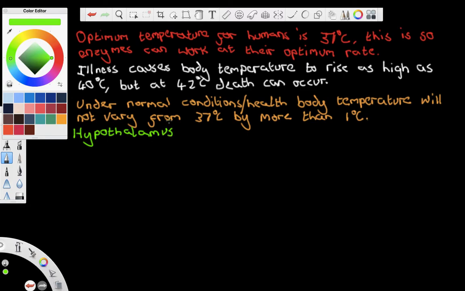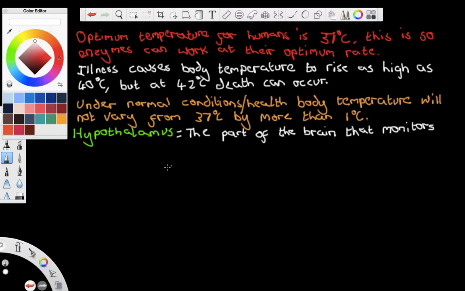It can be defined as the part of the brain that monitors body temperature.